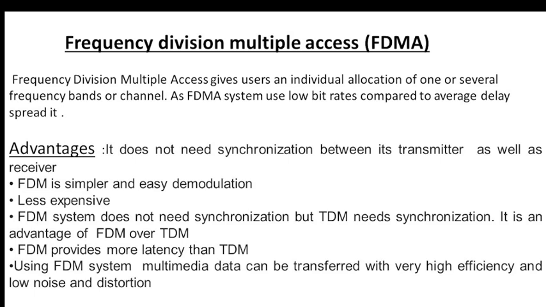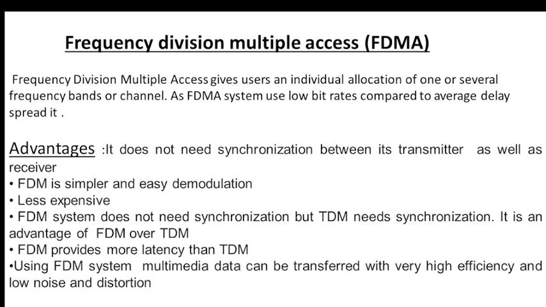FDM has simpler and easier demodulation, and it is less expensive. An FDM system does not need synchronization, but TDM needs synchronization. It is an advantage of FDM over TDM.